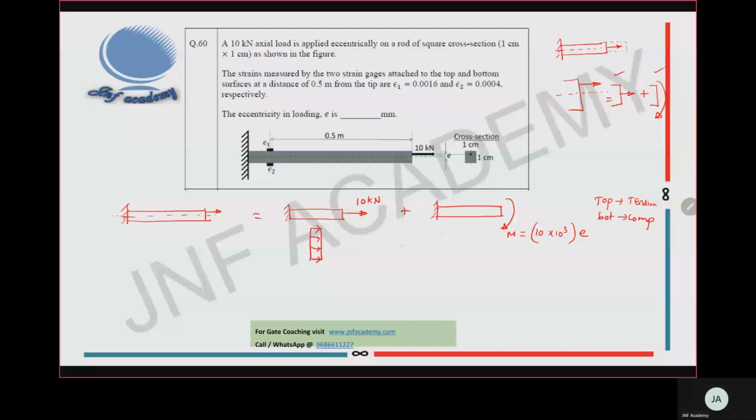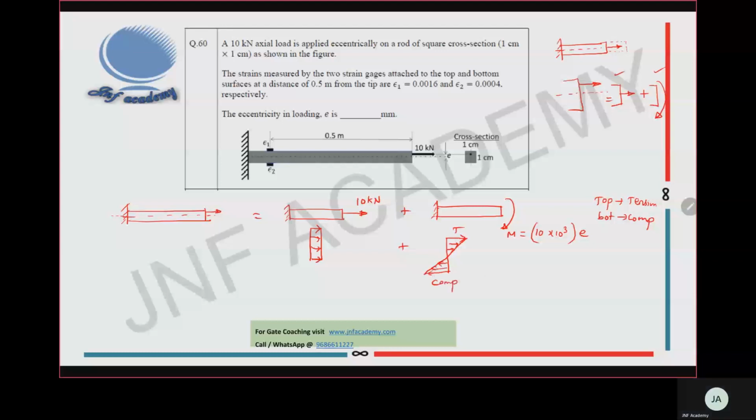Then for the second condition, the top layer is subjected to tension, so it will come outside. The bottom layer is subjected to compression, so it will go inside. This is tension, this is compression.